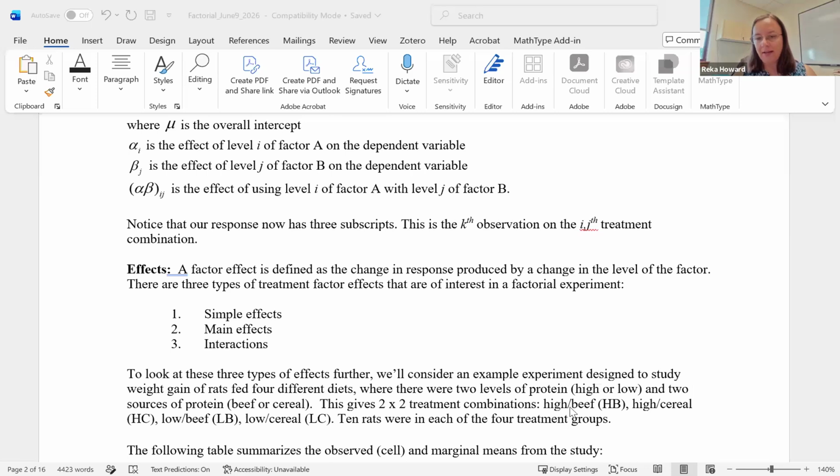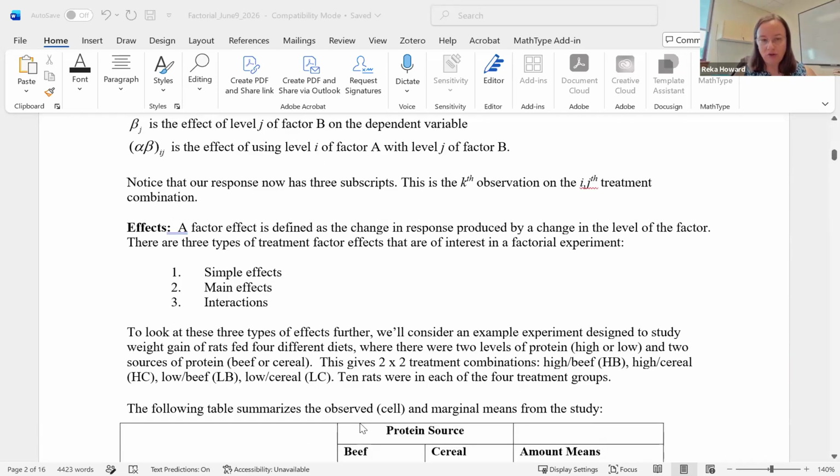So we have high and low protein level and beef and cereal. That means that we have high beef, high cereal, low beef, and low cereal. That's why we have the four levels. So we have two levels of each factor. And then let's say that we have 10 rats for each of the four treatment combinations.